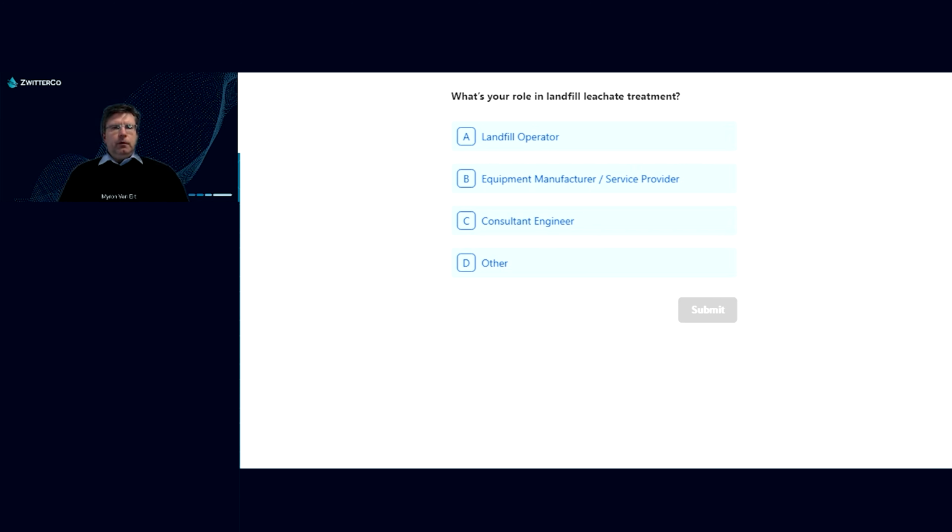All right, so we'll do our final poll with everyone. So if you could kindly give a designation as to what profile this fits for you. The first one would be your landfill operator. Second option would be equipment manufacturer or service provider. Third would be consulting engineer, or the fourth would be some other category there.